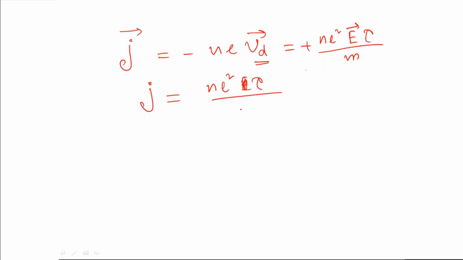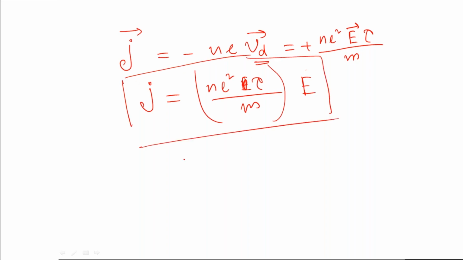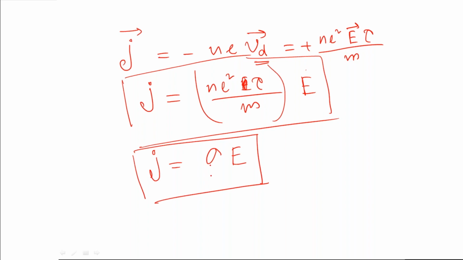Look, I had actually derived one expression. Do you remember last day? Ohm's law in a new form: J, the current density, is equal to sigma into E. What is this sigma? Sigma is the conductivity. I hope you remember; if not, go back and read.